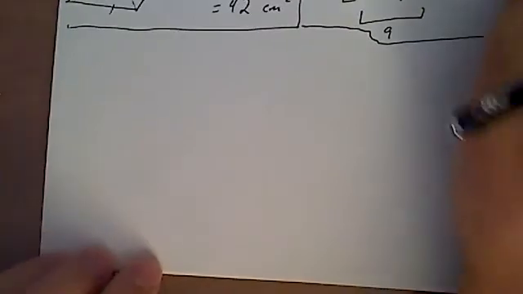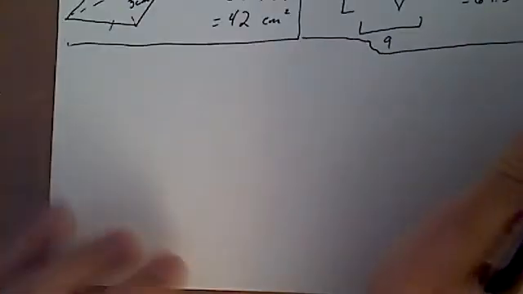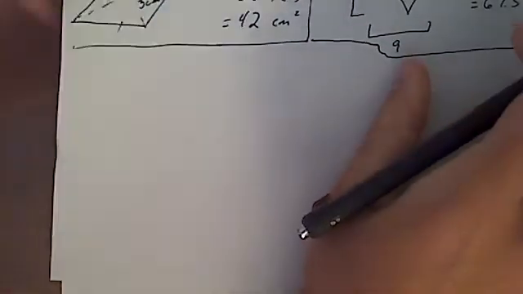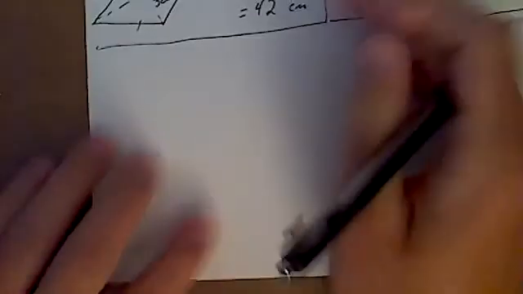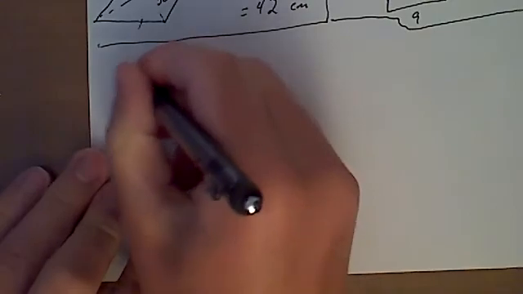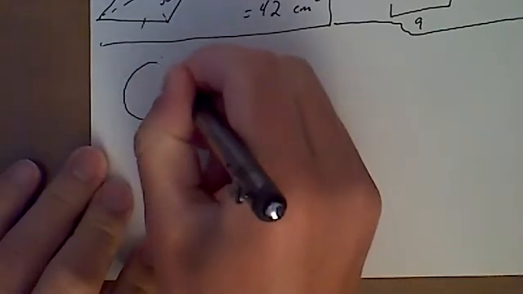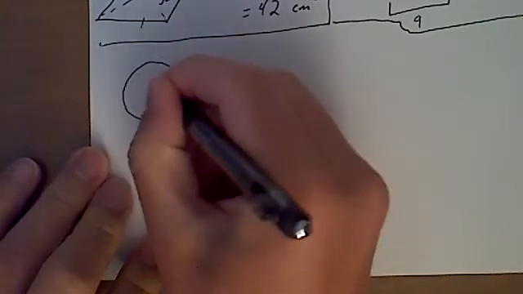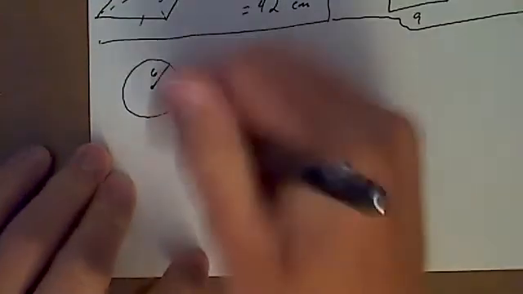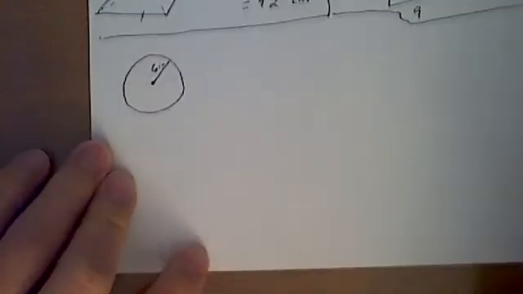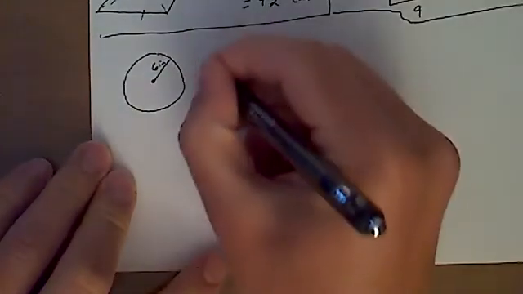All right, after those, you'll have some stuff with circles. So say we had a circle with a radius of 6. It'll give a measure, so something like 6 inches. Right?